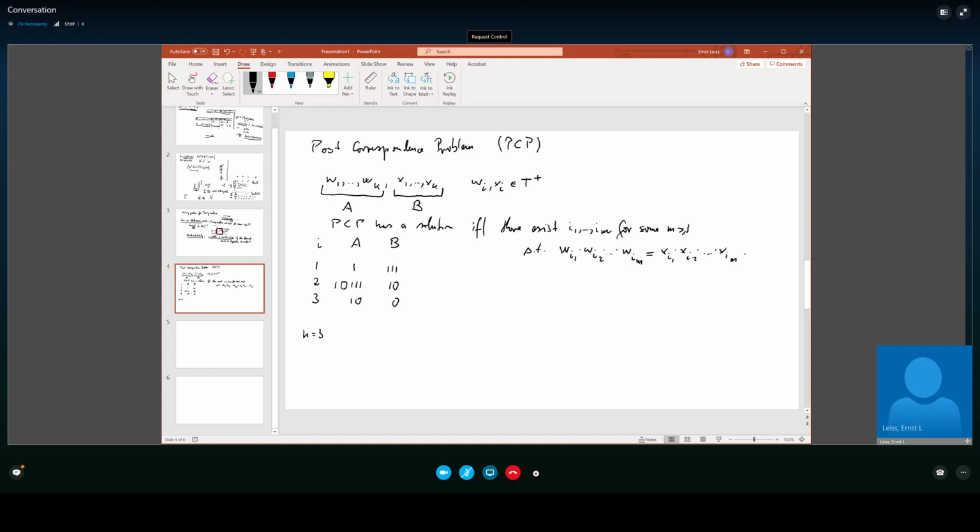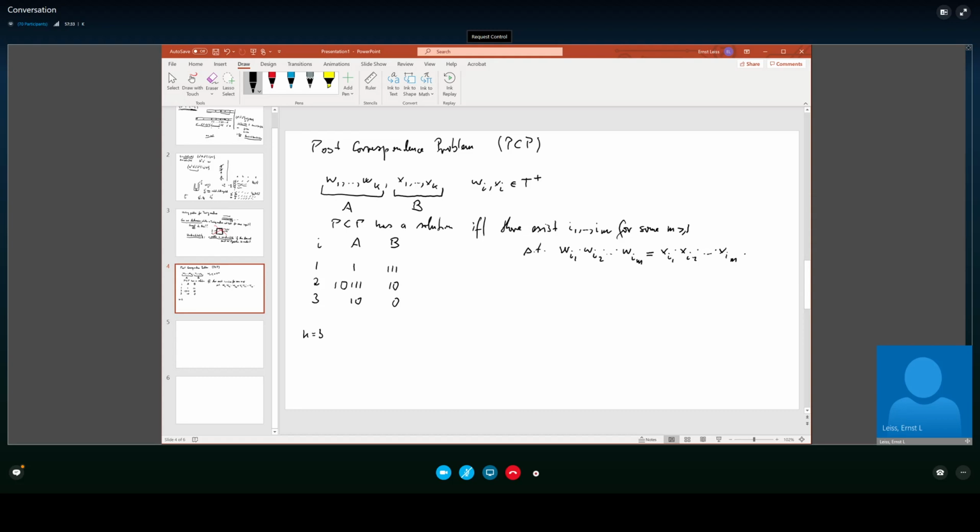And so in this case, W1 is 1, W2 is 1 0 1 1 1, and W3 is 1 0. And X1 is 1 1 1, and X2 is 1 0, and X3 is 0.